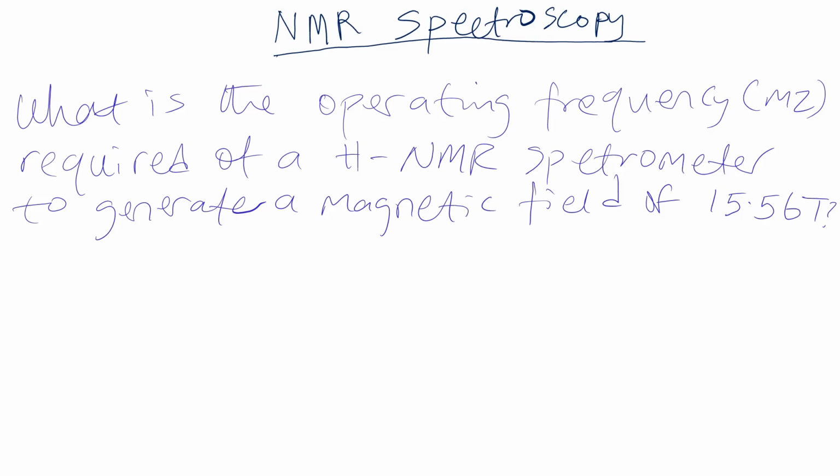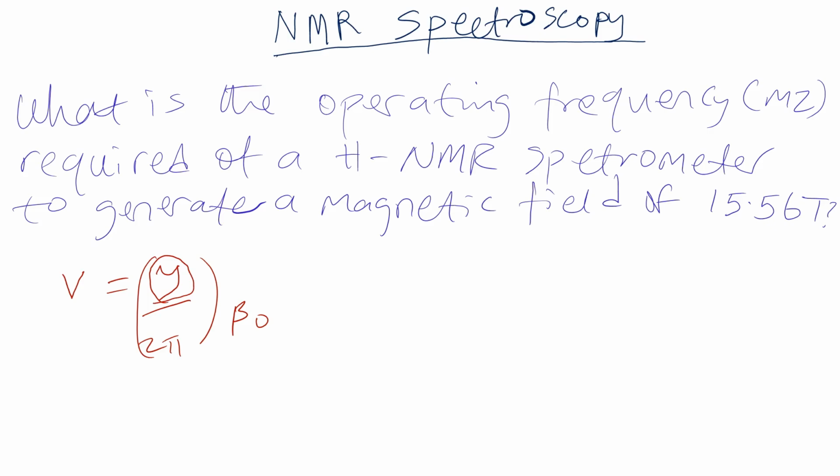To answer this question, we use the formula for calculating the frequency: nu is equal to the gyromagnetic ratio divided by 2 pi multiplied by the external magnetic field. Now the question is, what would be your gyromagnetic ratio?